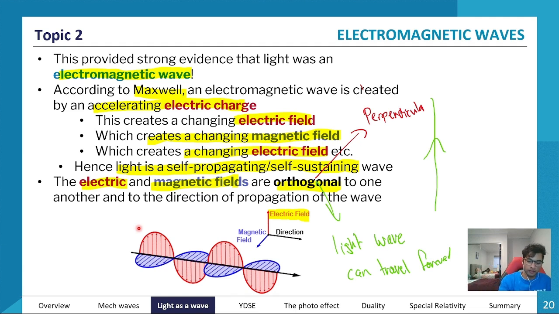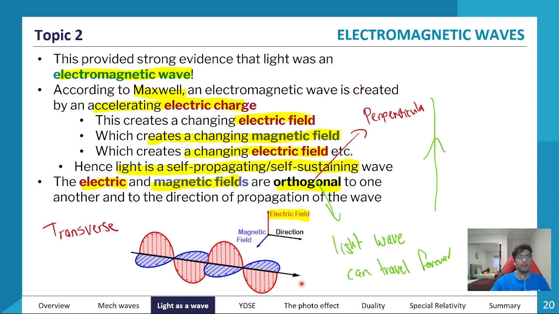A second thing to keep in mind about light waves or electromagnetic waves is that these are transverse waves. The reason we call it transverse is because the light is traveling in this direction, and the particles, well, it's not really particles, but the energy is sort of propagating perpendicularly to the direction of travel.